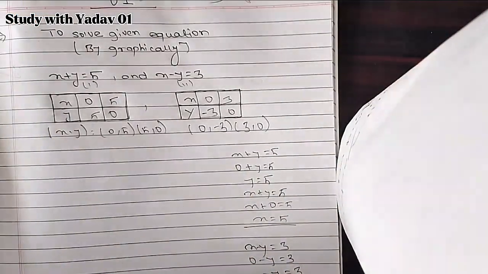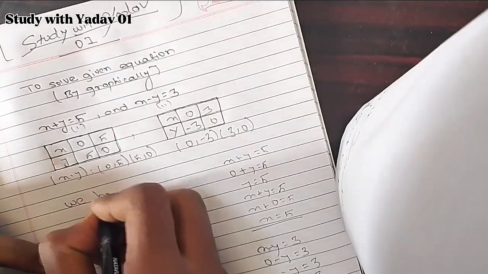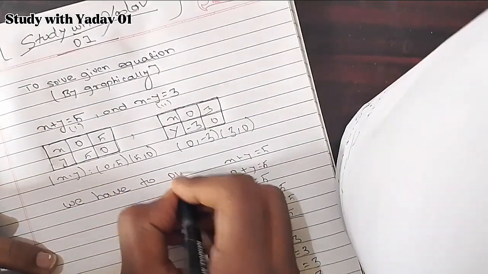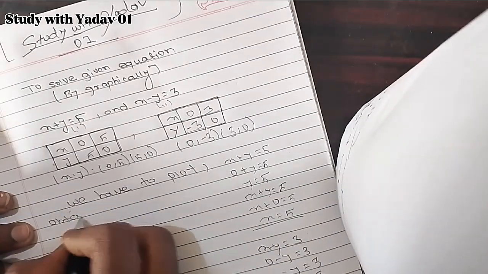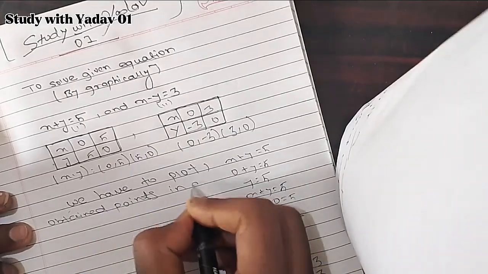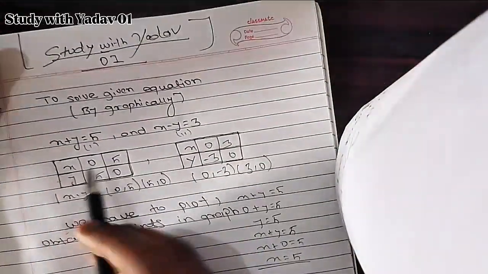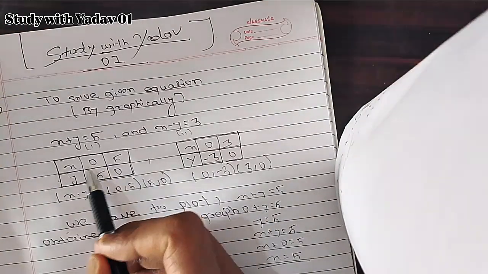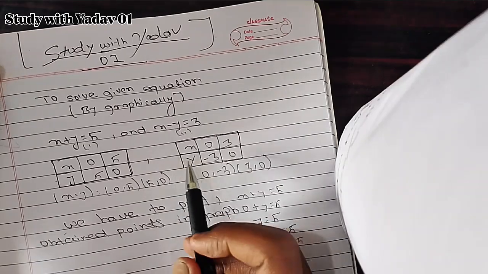After this we have to plot the obtained points in the graph. I repeat, first of all we have to put x equal to 0 and then y equal to 0.